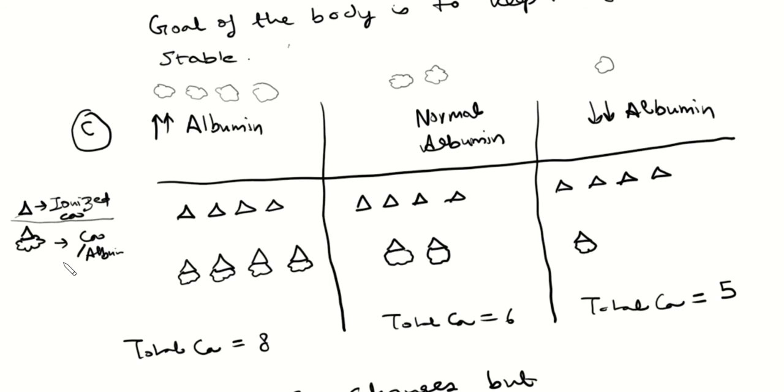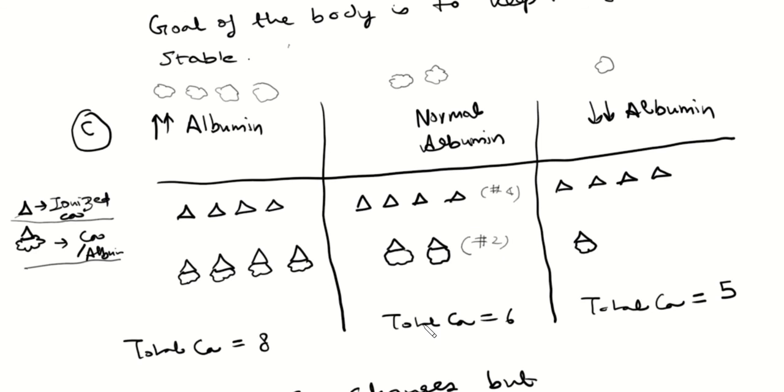Okay, and any combination of this ionized calcium with albumin, I'm combining the triangle with the symbol for albumin. So this shows a complex which is the non-diffusible calcium, which is calcium that combines with albumin. Okay, so here it is. I have four ionized calciums, right? And two of them have combined with albumin.